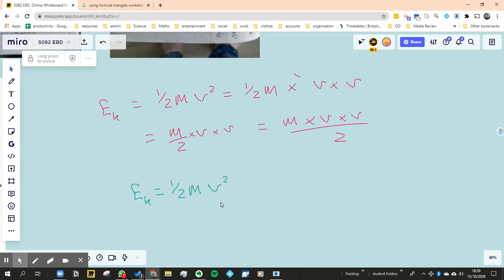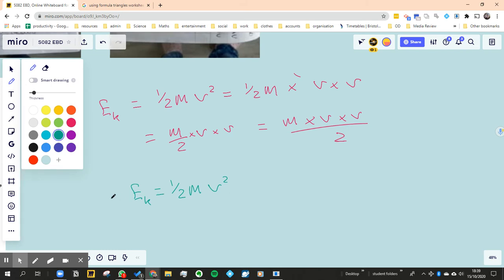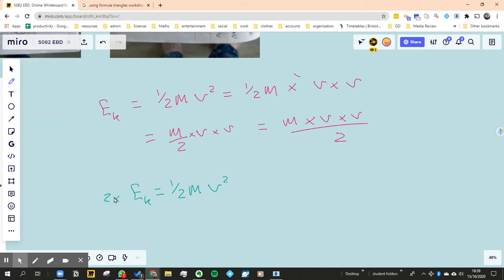So if we did 2 times that and times 2 there, then we end up with 2 times the kinetic energy is equal to, well, 2 times a half is 1, so 1 times mv squared. So that's the first stage.